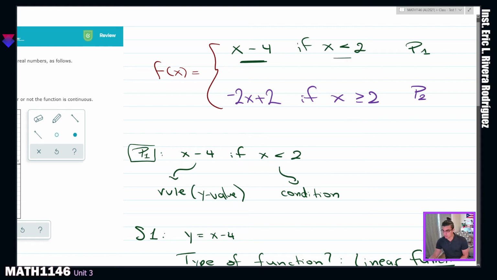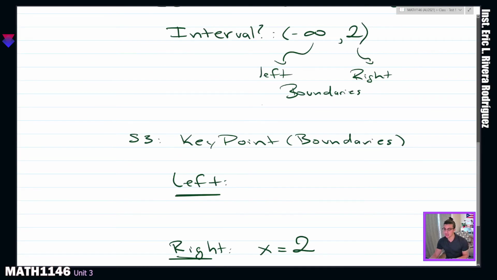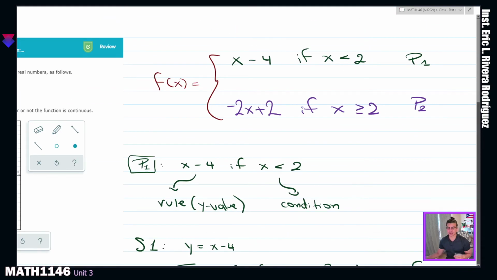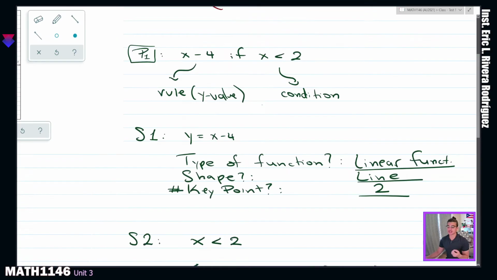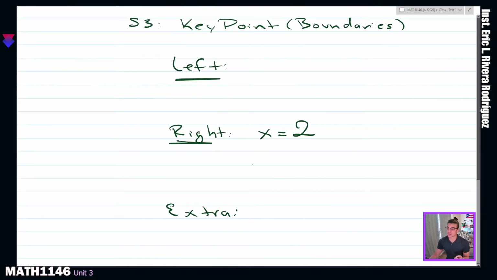Based on the definition of the function, I cannot use 2 for getting a y value with x minus 4, because the condition says x needs to be strictly less than 2. If it is equal to 2, then you use this other piece. But what I'm interested in is not whether there is a value at x equal to 2 for piece number 1, because there is none. What I'm interested in is the location. So for this right boundary, what I'm looking for is the location.